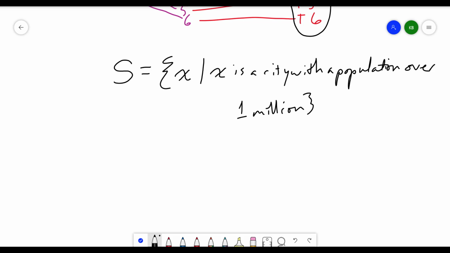And we close out the curly braces. So what this is saying is it's going to be all of the x such that x is a city with a population over 1 million. So this is going to be all the cities with a population over 1 million.